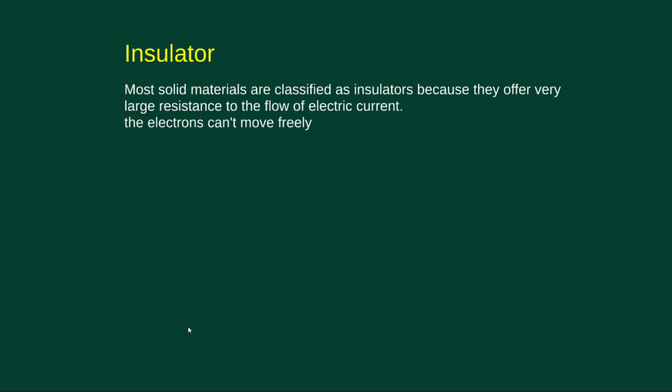In an insulator material, the electrons can't move freely. That's the key. Examples of insulator materials are glass, silk, plastic, and wool cloth.